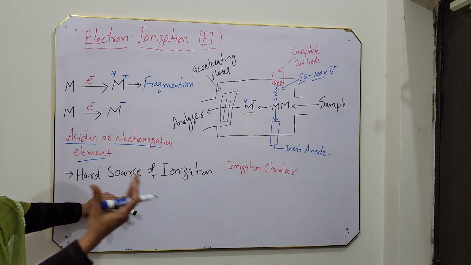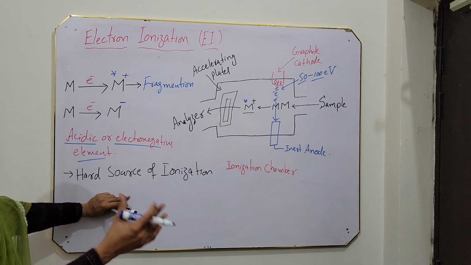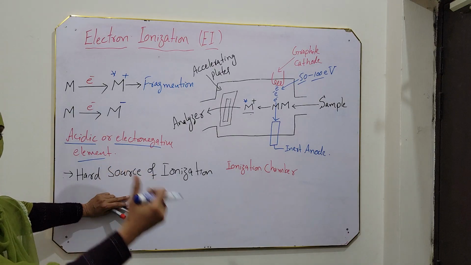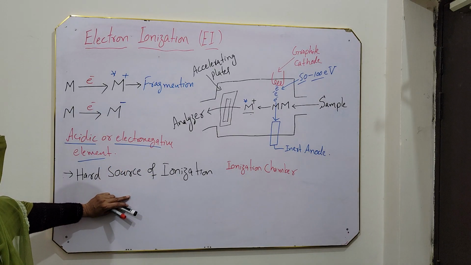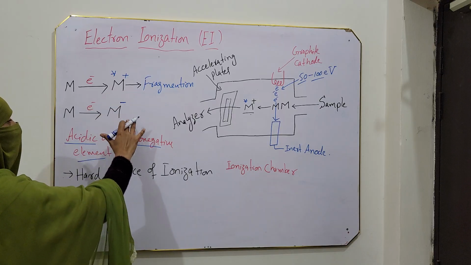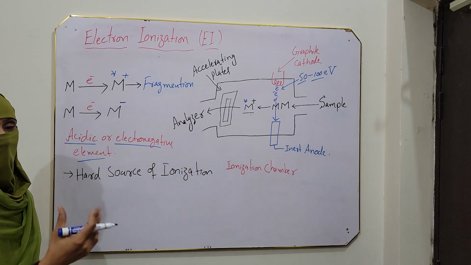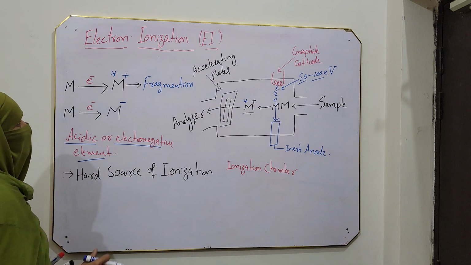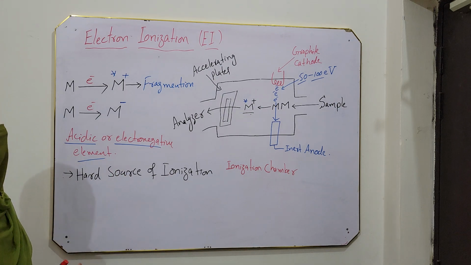It transfers high energy to the sample molecule. As a result, the sample is not only ionized, it also gets fragmented. Although some molecules still remain in molecular form, which are stable enough, most molecules get fragmented due to the high energy of the electrons. So electron ionization is called a hard source of ionization in mass spectrometry.